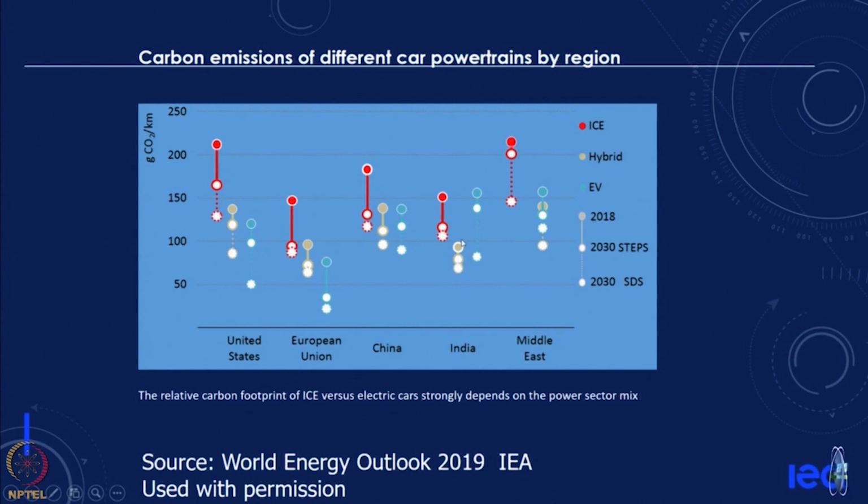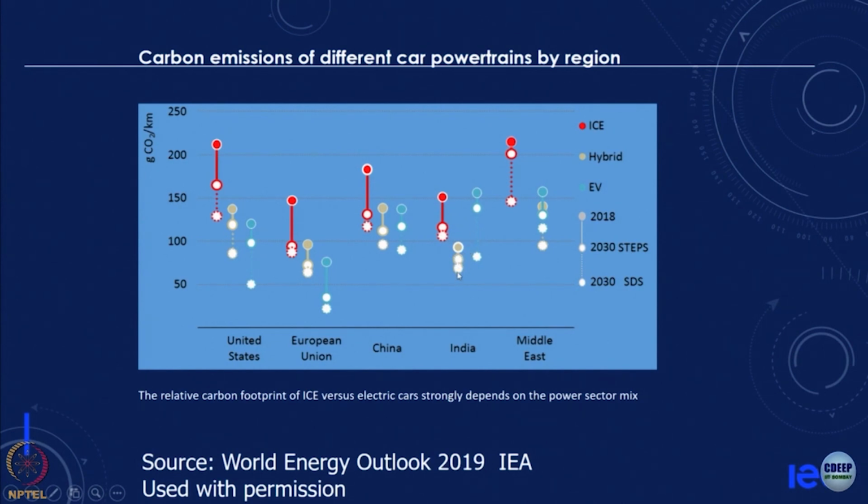This is the value which you can see for India, and currently the IC engine is of the order of 150, and when we look at an electric vehicle, we are looking at something which is actually today higher than that, and it depends, of course, on the way in which you do the calculation. The hybrid vehicle may be higher than the existing, this is the kind of difference that we can get.